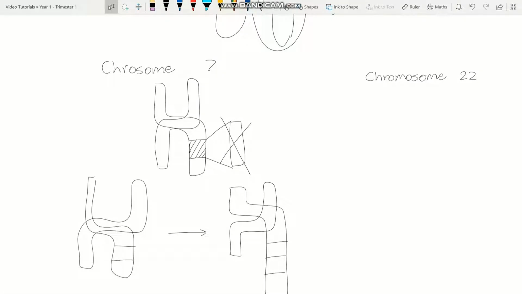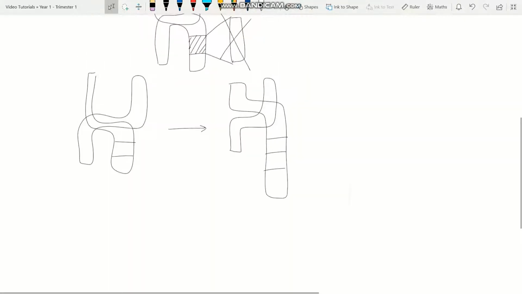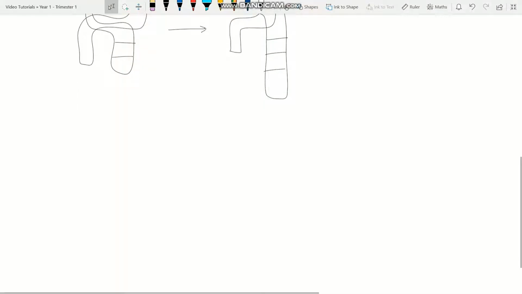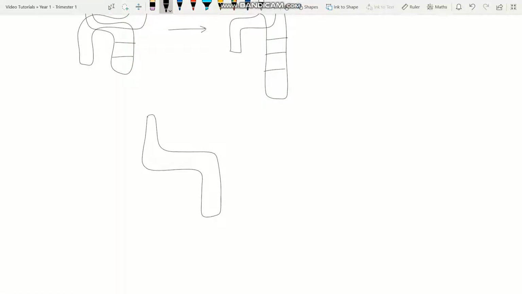Next, a pericentric inversion is different because it doesn't actually involve any other part of the chromosome in terms of removing it or adding it, but rather flipping it. So, if we were to have a chromosome like this, this is the centromere, okay?